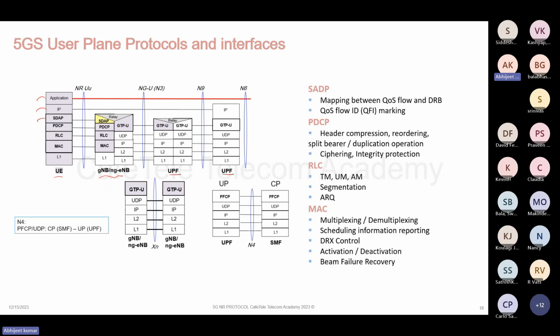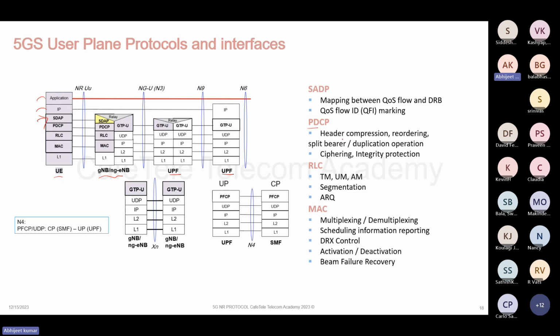SDAP is the new protocol added in 5G, called Service Data Adaptation Protocol. We mainly use this SDAP protocol for mapping between the QoS flow and the data radio bearer. It also marks the packet with the QoS flow ID for QoS enforcement. We will see this in detail in a further slide, so I will explain it then.